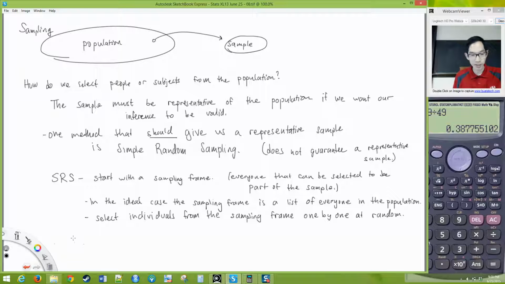Okay, but other methods: stratified sampling, and cluster sampling. Do your reading here, okay?